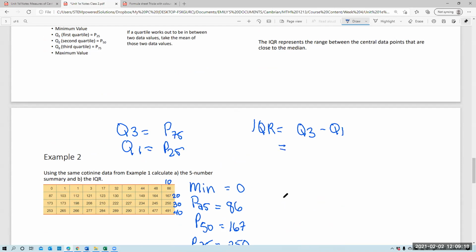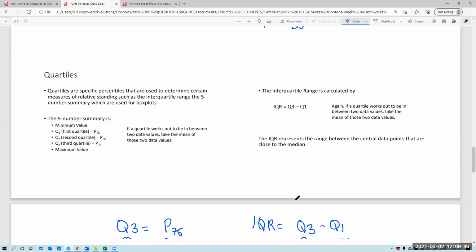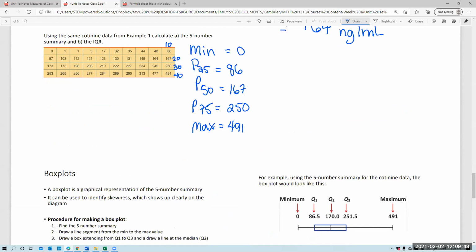So Q3 is 250 minus 86. So the interquartile range is equal to 250 minus 86, which is 164. We could call that nanograms per milliliter because all of these have units, and all of these units are nanograms per milliliter.